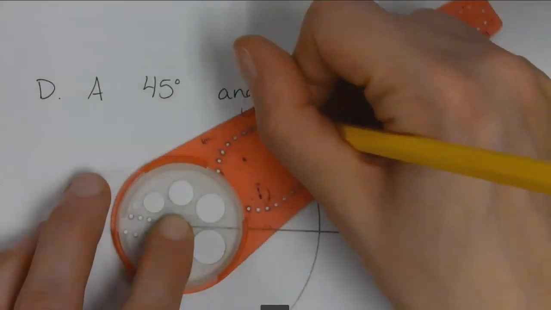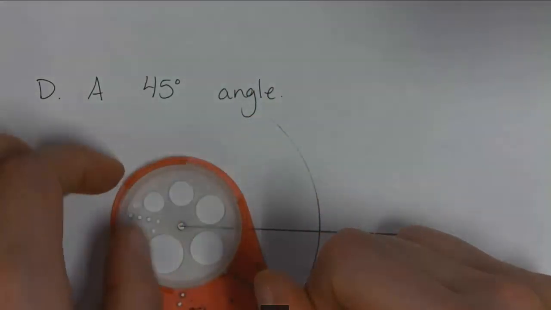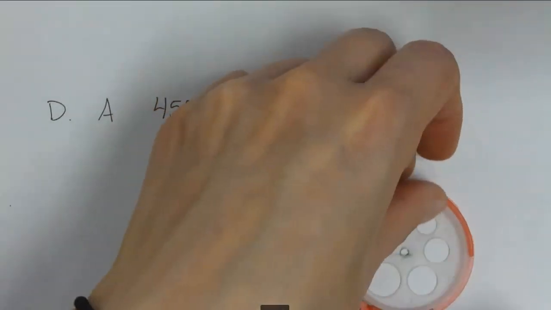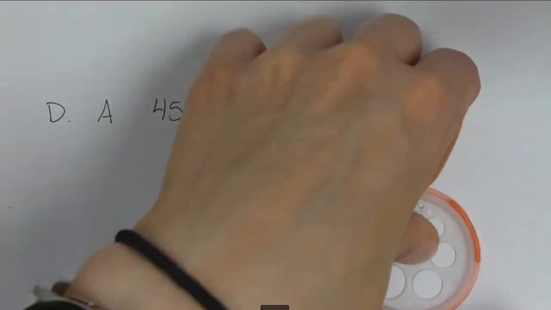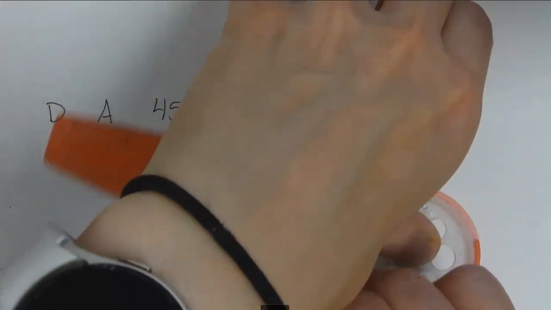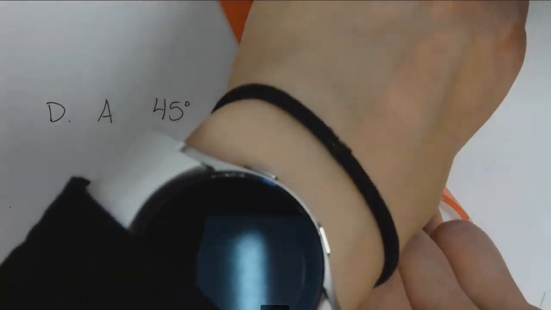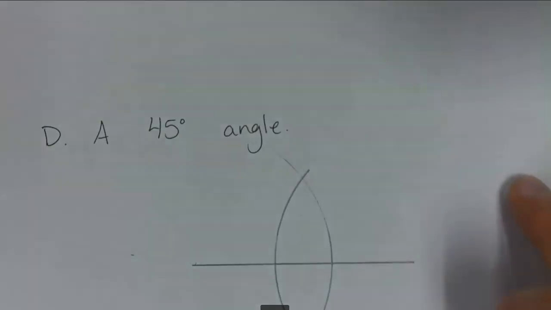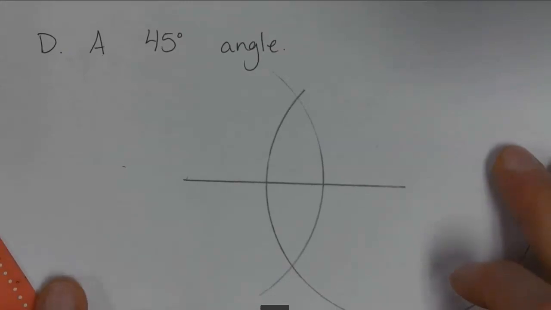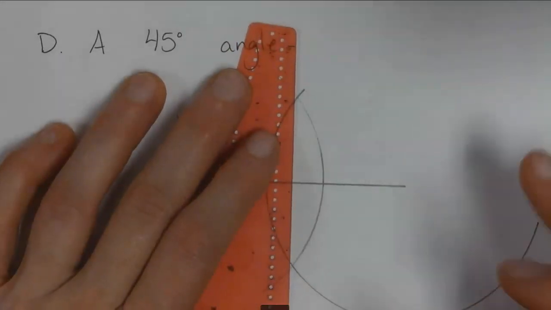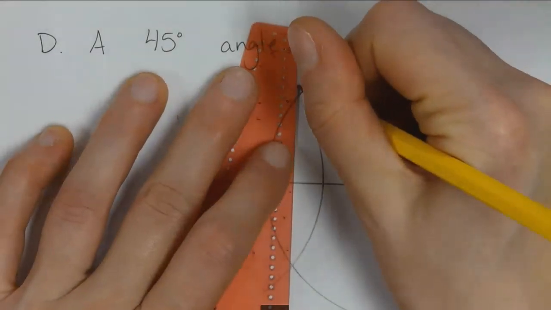I don't always need to use the endpoints in order to do that, as long as I can keep my setting the same so I don't lose my setting on here. I can just go ahead and rotate it over to my other endpoint. And I'm going to just extend this over and up. There we go. So now I have what I need to create that 90-degree angle.